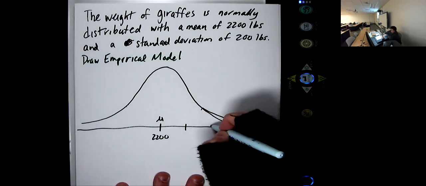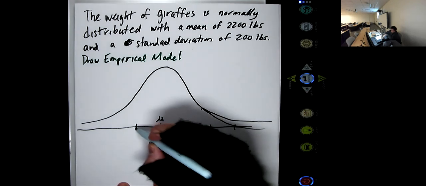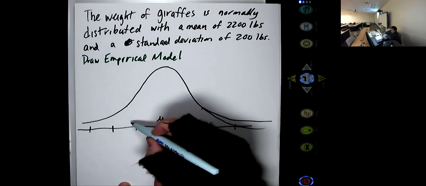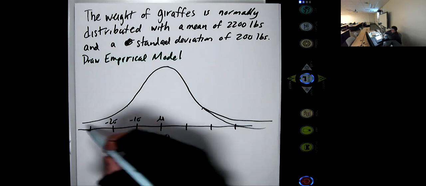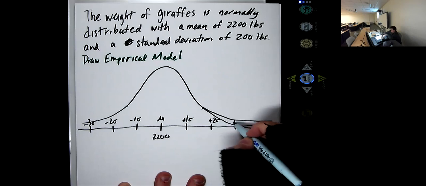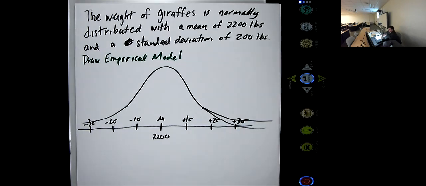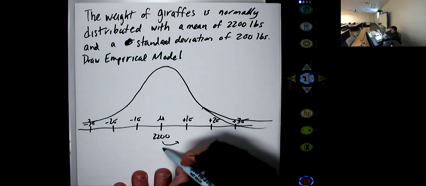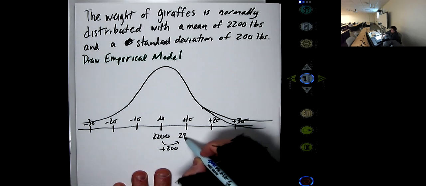And then we go left or right, 3 deviations. -1 sigma, -2 sigma, -3 sigma, +1 sigma, +2 sigma, +3 sigma. And we figure out what those values are. As I go to the right, I'm just adding the standard deviation to the previous number. Standard deviation is 200. So as I go this direction, I'm adding 200 and I get 2,400.